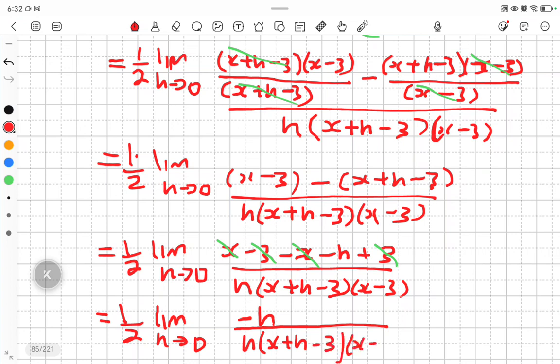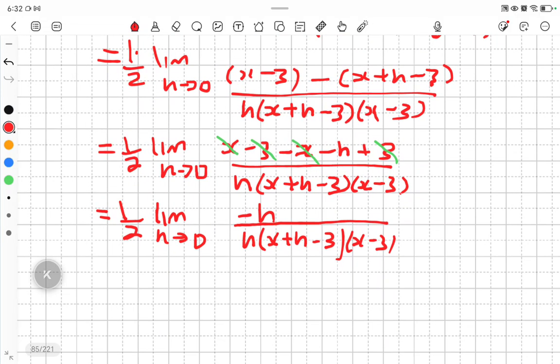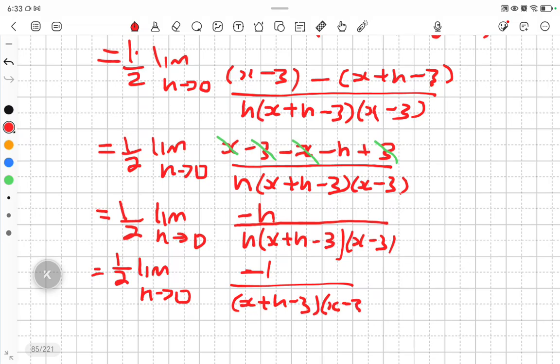And we're not supposed to simplify the denominator. We're not supposed to multiply through or anything. Don't do anything to the denominator. Just write it as it is until the end. Then the h will cancel. We'll be left with minus 1 over x plus h minus 3 times x minus 3, and this will be 1 over 2. Now I plug in 0 there, and I'll be left with x minus 3 times x minus 3.